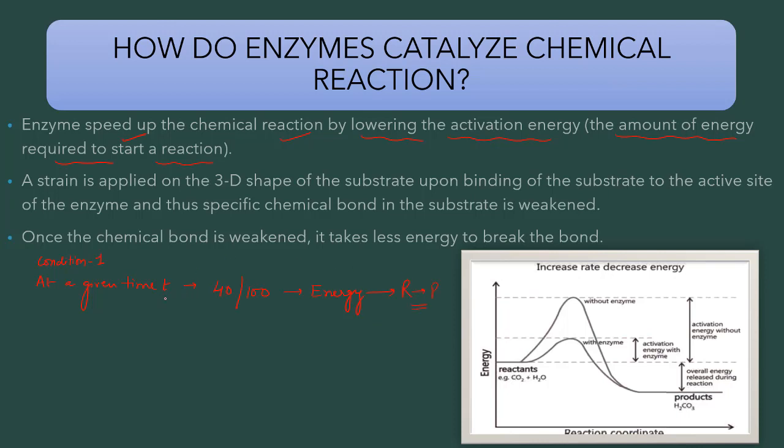Suppose at a given time t, we have a total of 100 reactant molecules, but the product conversion is only 40%. When the 40 molecules of reactant are converted into product, the remaining 60 are unreacted. This is a condition without enzyme.